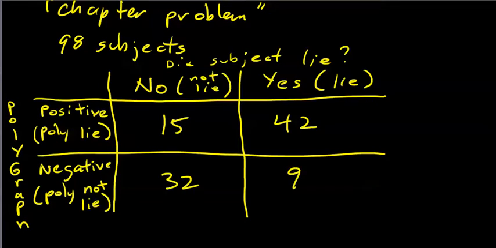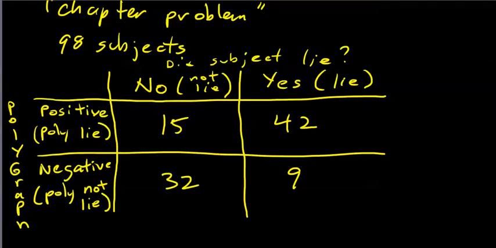Okay, so again we've got this column represents the people that lied, this column represents the people that did not lie, this top row represents where the machine said there was a lie, and this row said where the machine said there was not a lie.